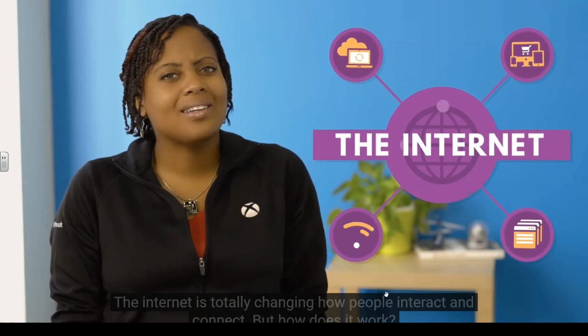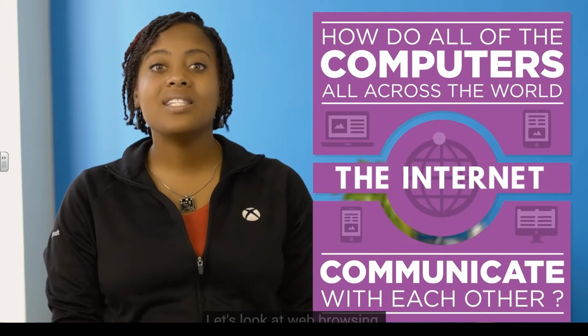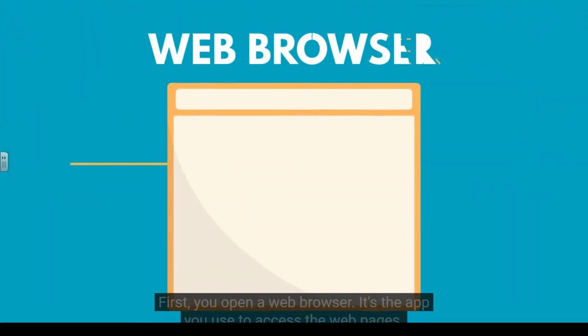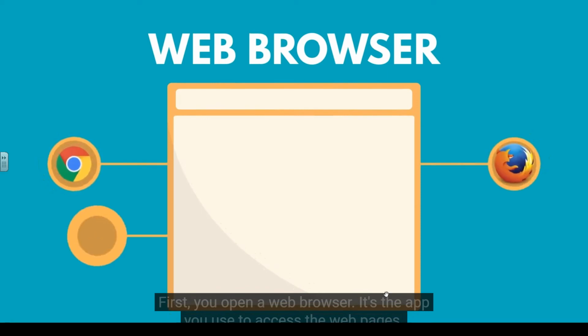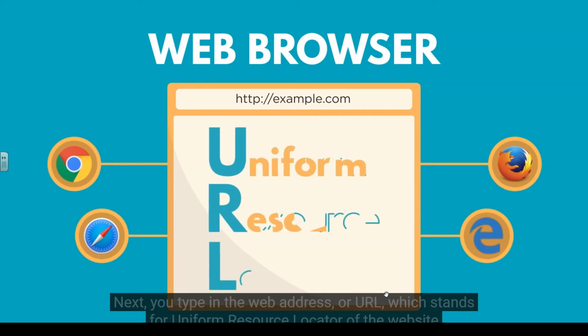But how does it work? How do the computers all across the world actually communicate with each other? Let's look at web browsing. First, you open a web browser. It's the app you use to access web pages. Next, you type in the web address, or URL, which stands for Uniform Resource Locator, of the website you want to visit, like tumblr.com.